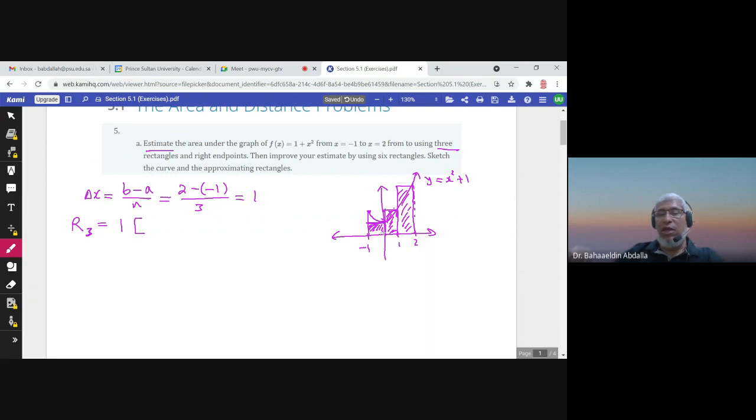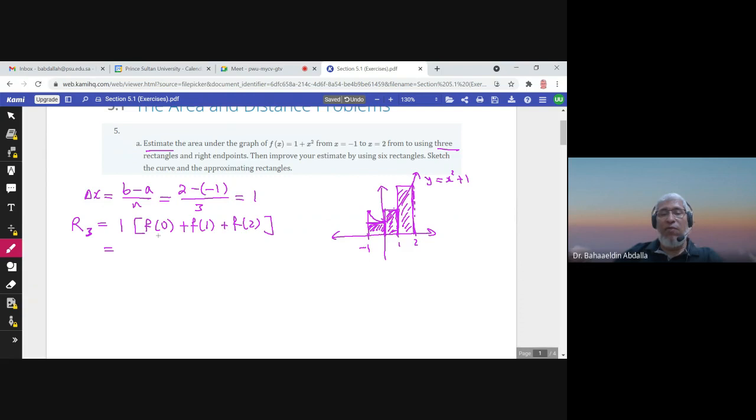The length of the first rectangle is f of 0, this distance. The length of the second rectangle is f of 1, this one. And f of 2 is the length of the last rectangle, the third rectangle.